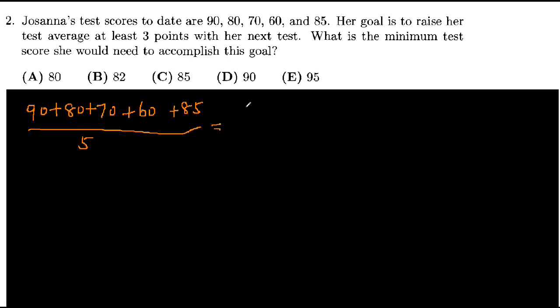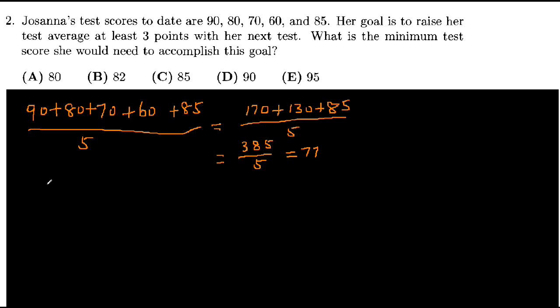So it's 170 plus 130 plus 85 divided by 5, right? And that is 385 divided by 5. That is 77.